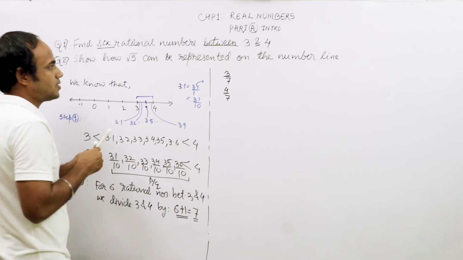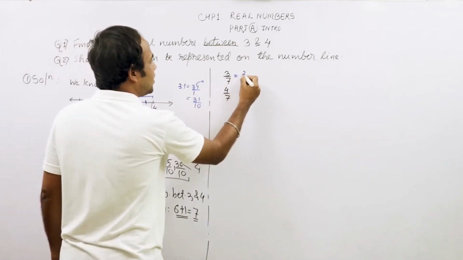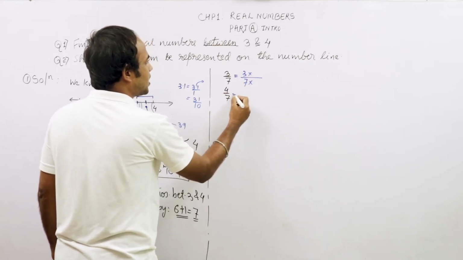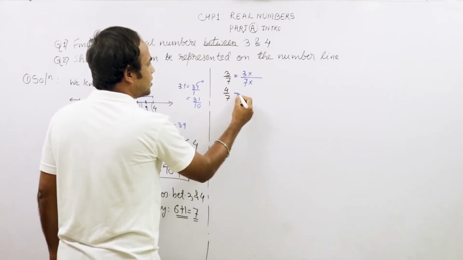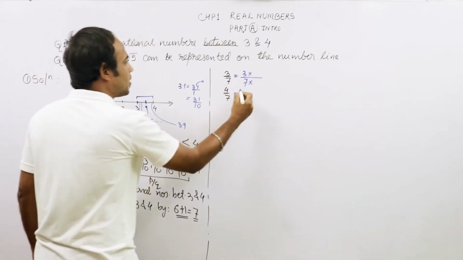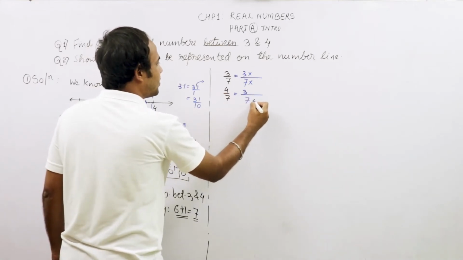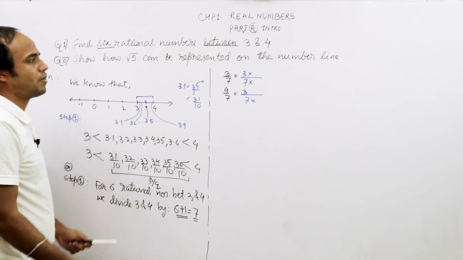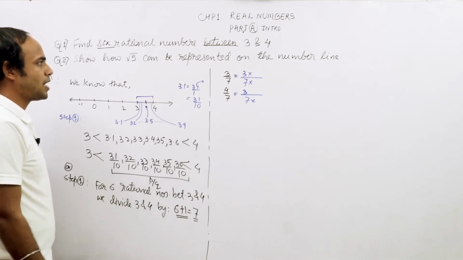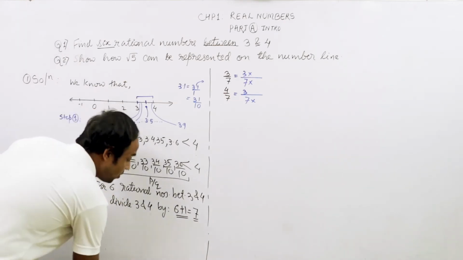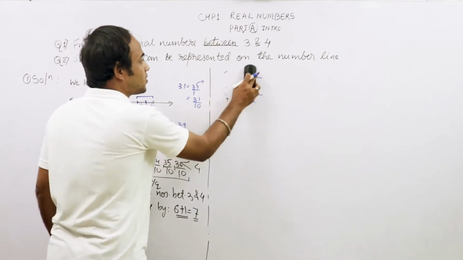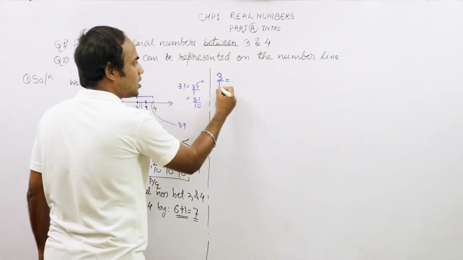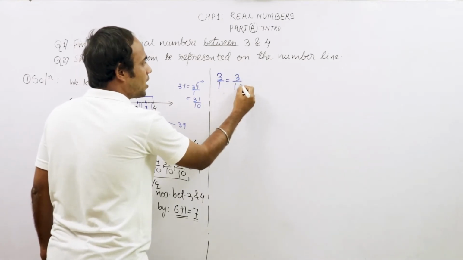And because of this, we can multiply this with a number so as to get 6 numbers between them. So guess what is to be multiplied? Whatever you feel like, you can always multiply. If I multiply by 7, since earlier it was 3 and below was 1, this is 3 into 7 upon 1 into 7.